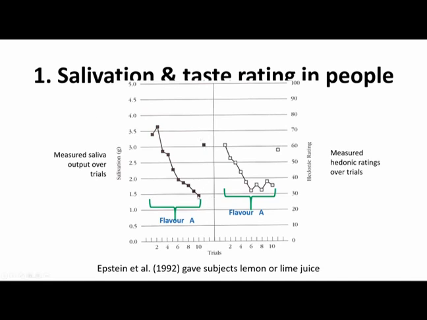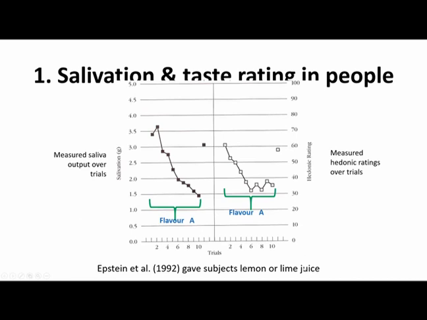And this shows us that even though they had just habituated to lemon juice, presentation of the exact same amount of lime juice showed almost the same kind of saliva response and almost the same rating of unpleasantness as initially experienced with the lemon juice. So even though they're similar, we can see that they habituated specifically to lemon juice, and lime juice wasn't habituated to at all because it's new and different.